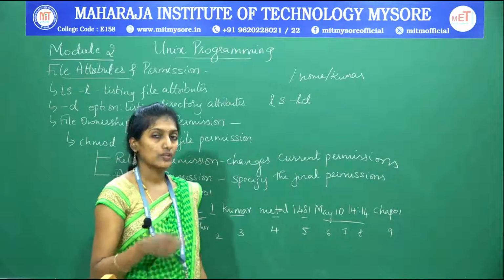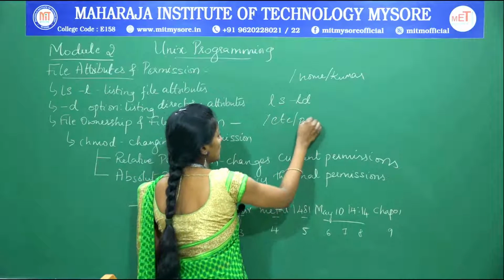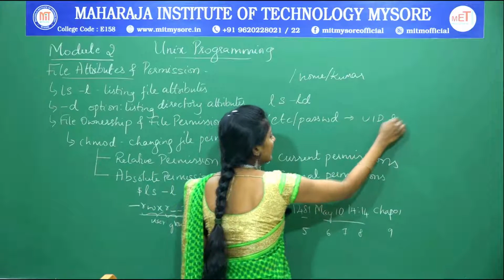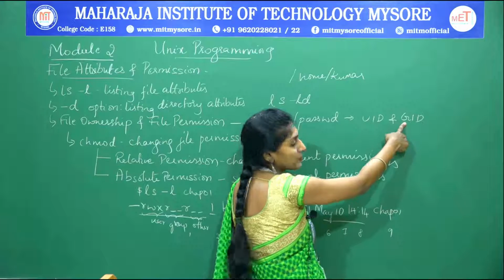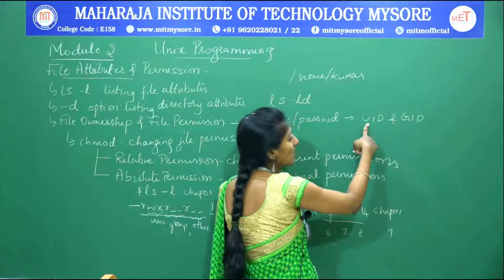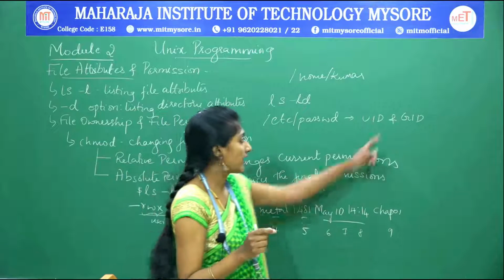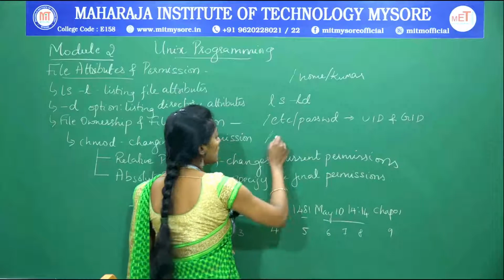That can be known under the path /etc/passwd. Under this path you can know the UID and the GID. UID represents the unique identification number, GID represents the group identification number. The UID entry will display the name and the identification number, GID will display just the number if you are under this path.